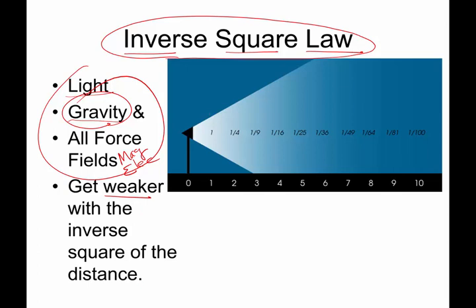So if I'm 1 distance away, my luminosity is going to be 1. If I change to 2 distances away, my luminosity is going to be 1/2 squared, or 1/4. Triple the distance, my luminosity is 1/3 squared, or 1/9. And you can start to see that relationship: 1/4, 1/9, 1/16, 1/25, etc.